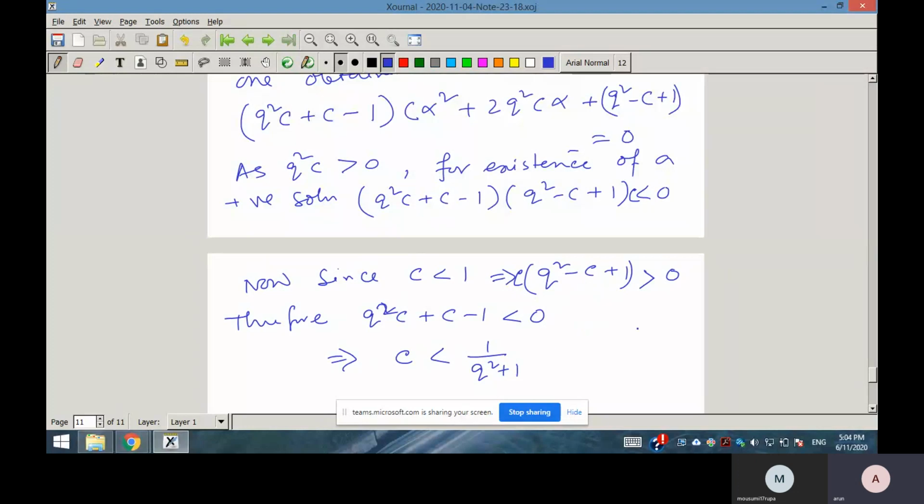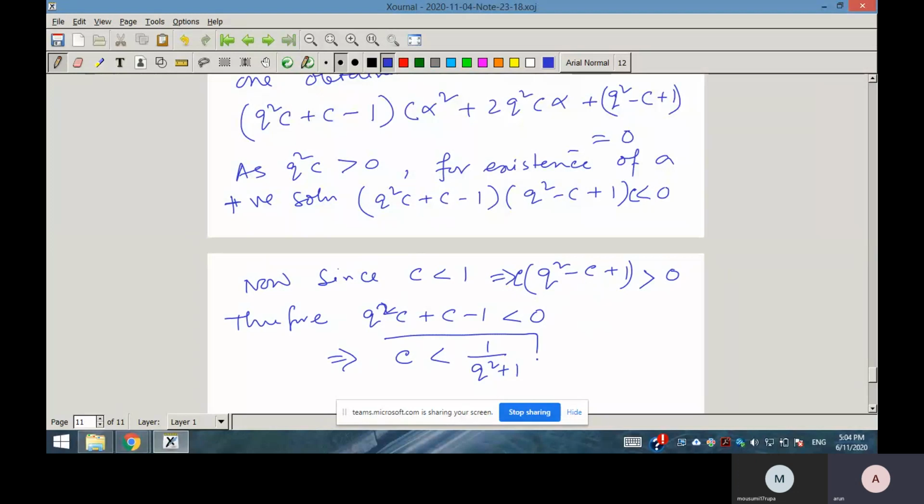Similar to the lead controller, you can also show that the existence of a positive solution will suffice to ensure that alpha is also greater than 1. The same way you can just show.